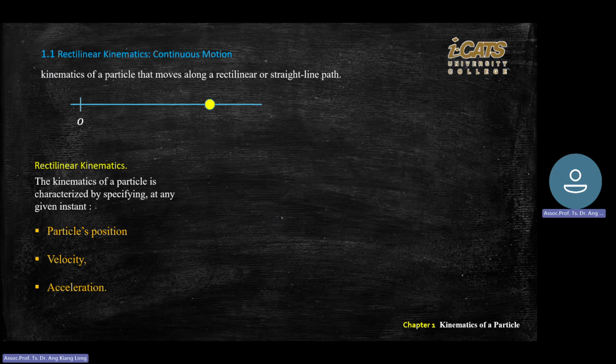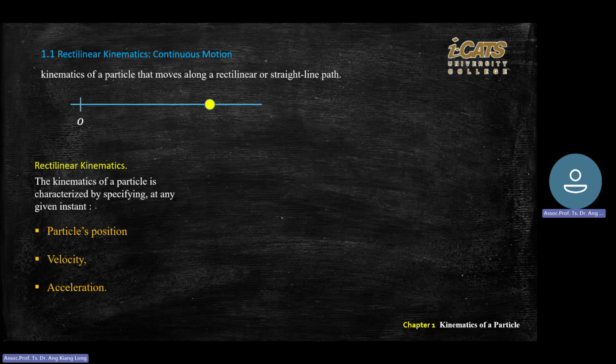We always take the latest position compared to the previous one. Velocity means we focus on the direction: magnitude with direction, speed with direction. Acceleration is also a vector, with magnitude and direction.